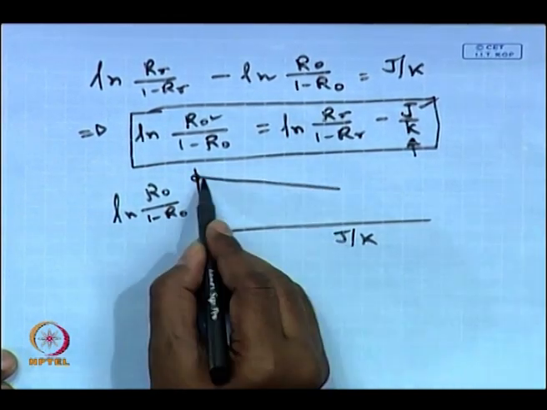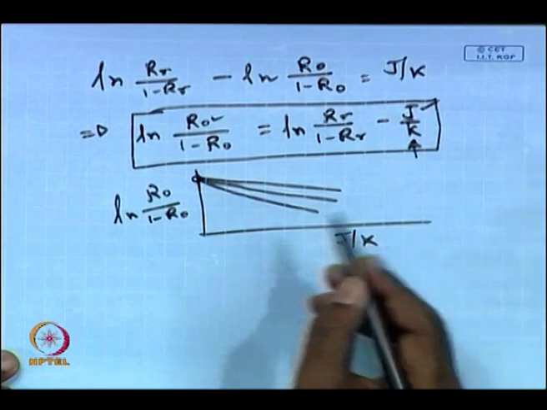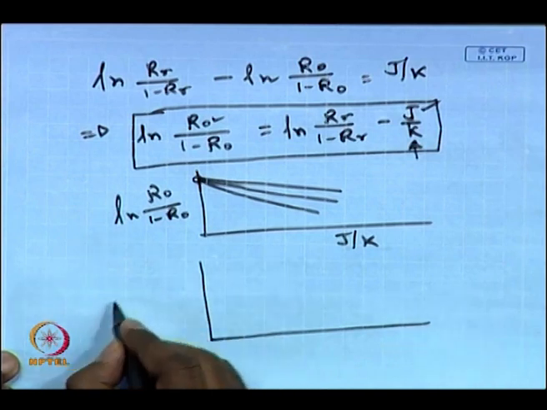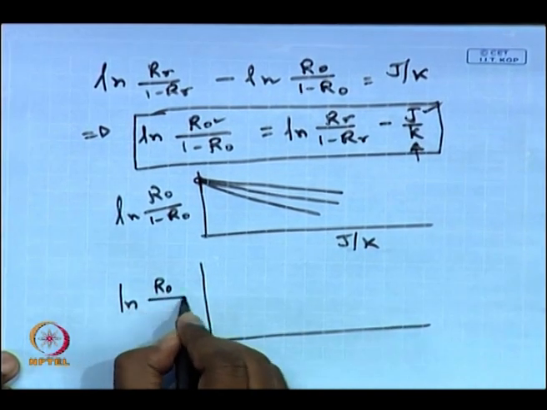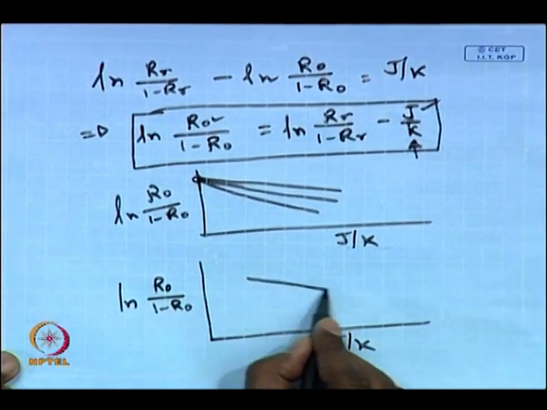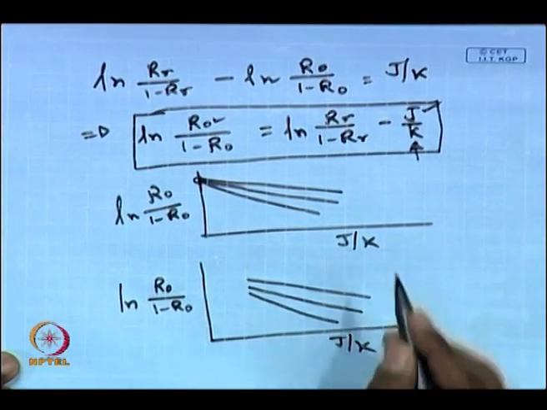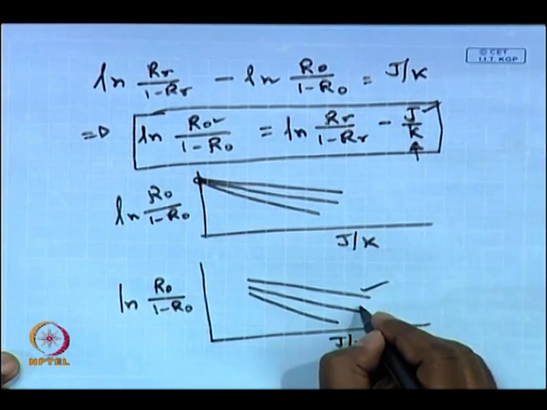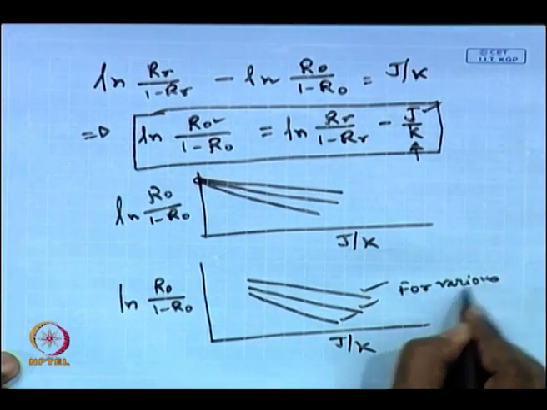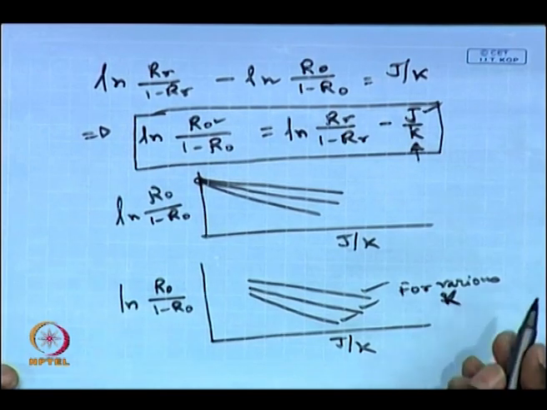In fact, you won't be getting exact straight lines; the plots will look something like this, ln of R naught by 1 minus R naught versus J by K. And these curves are basically for various values of the mass transfer coefficient.